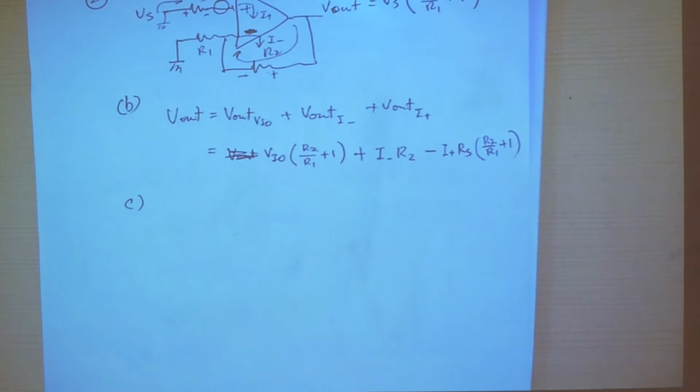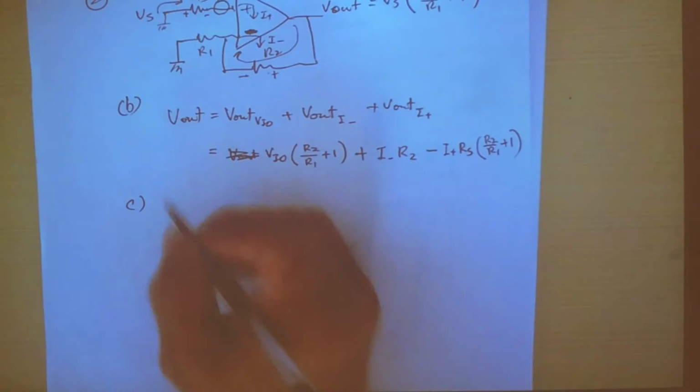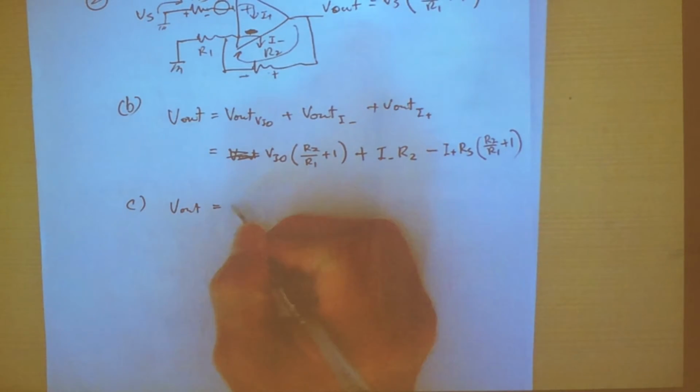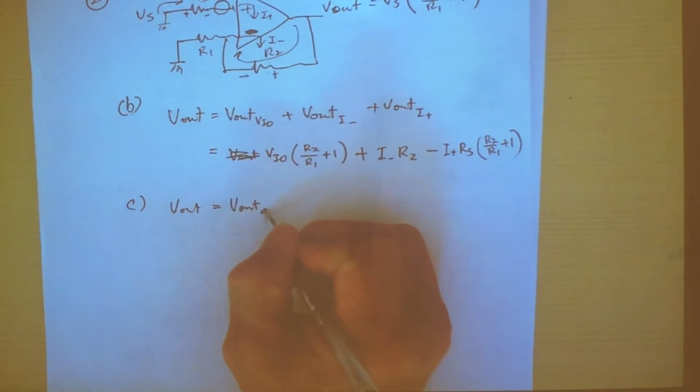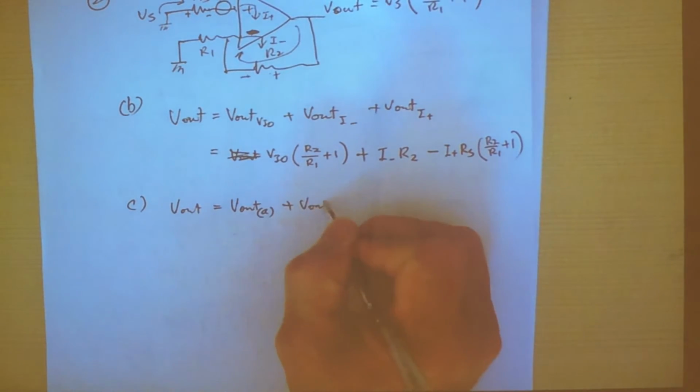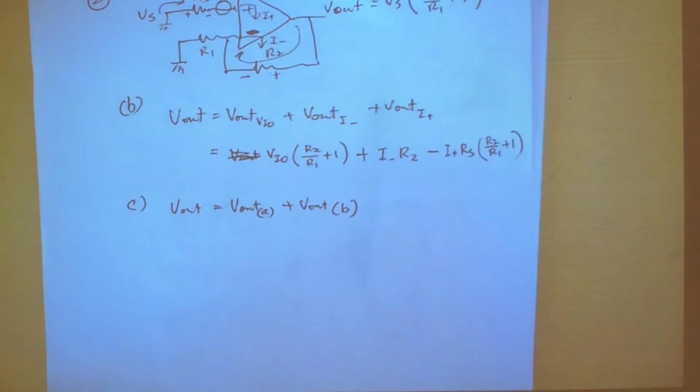Alright, in part C, what happened? We are told that the op-amp is non-ideal and the signal Vs appears on top of the fact that the three non-ideal DC sources are also there. So basically, V out is V out of part A plus V out of part B, because all four components, Vs, I plus, I minus, and V offset, now appear.